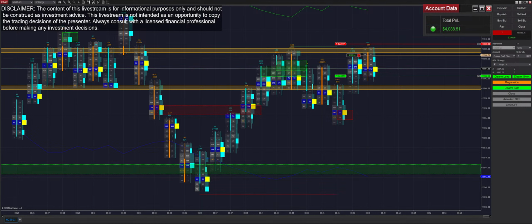Put into a short trade here. Of course, if we get stopped out, we switch into trend mode because it's outside of the zone. Perfect, got filled there.